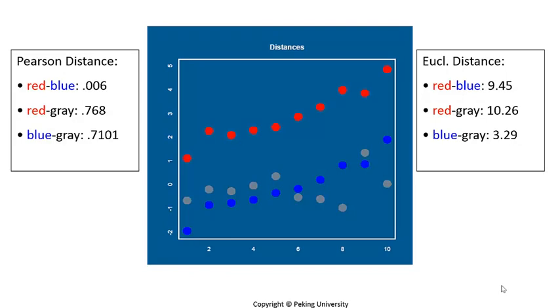When we turn to the Euclidean distance, however, it is the blue point and the gray point that are closer in the figure, as their absolute values, i.e. expression levels, are closer to each other.